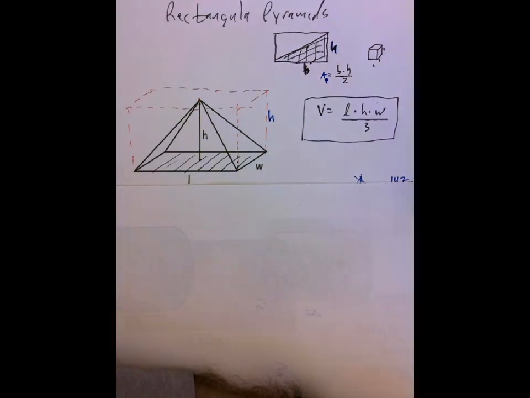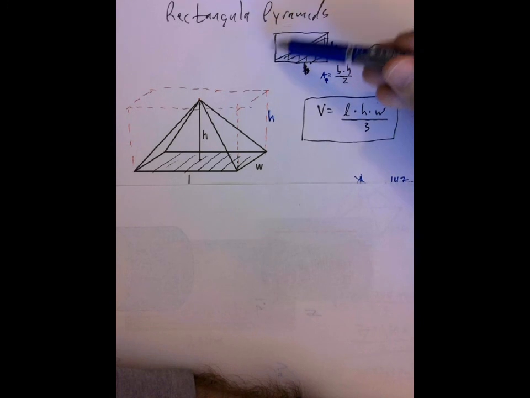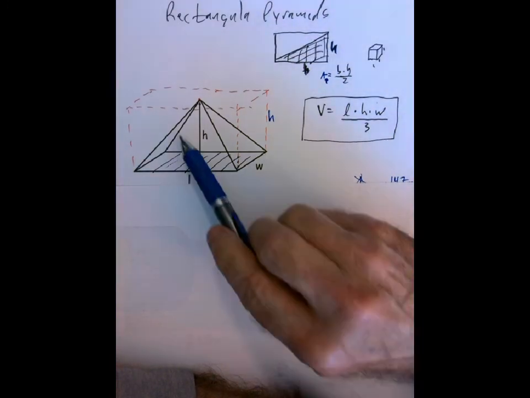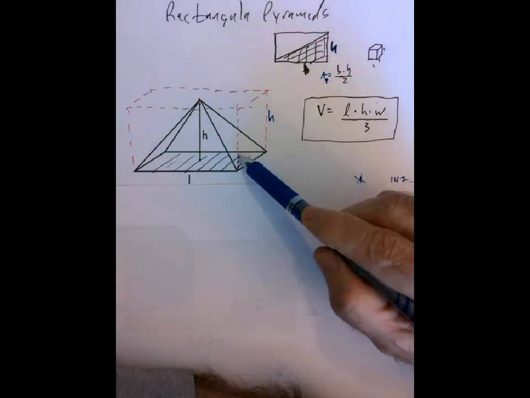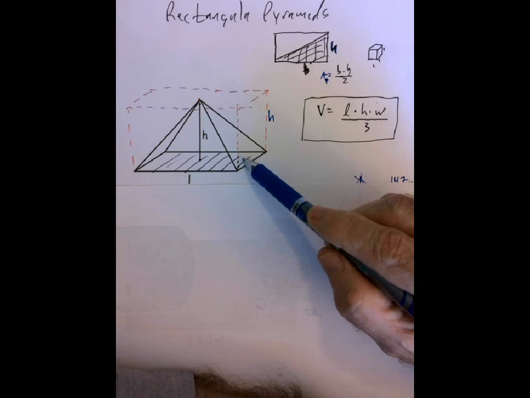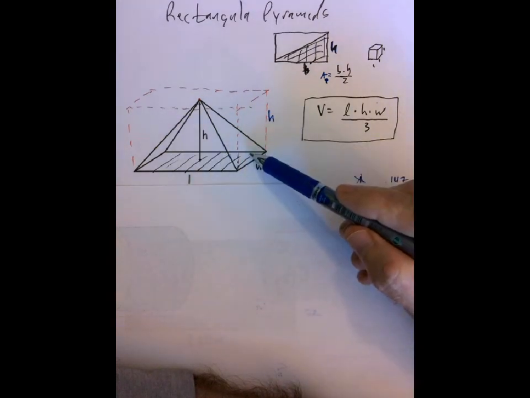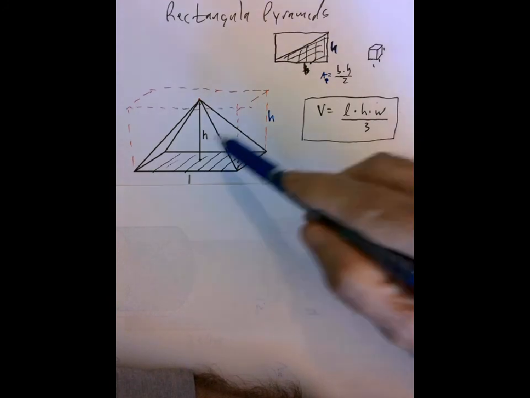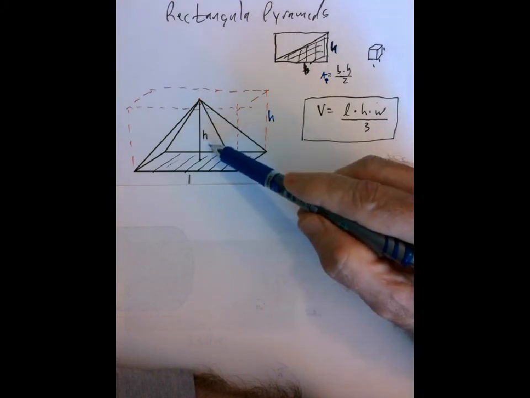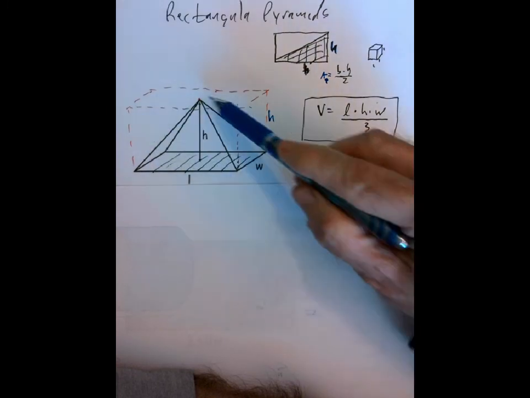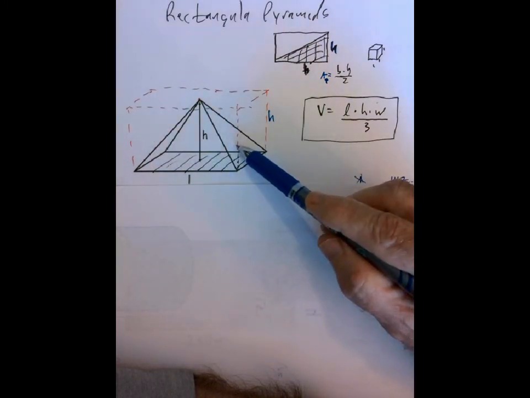Well, in a similar way that a triangle is half of this rectangle, it turns out that this pyramid is exactly 1/3 of the volume of this box that it's sitting inside of. In other words, if you could cut it up a little bit, you could fit 3 of these pyramid volumes inside of this rectangular box.